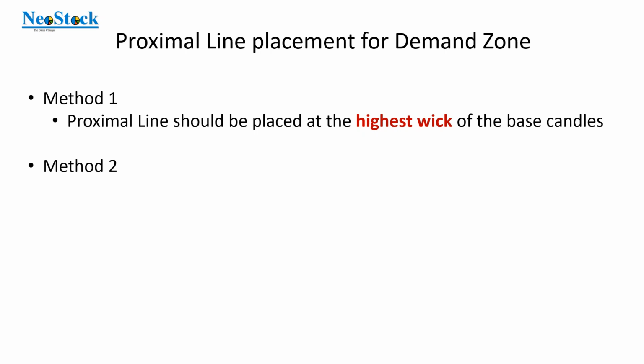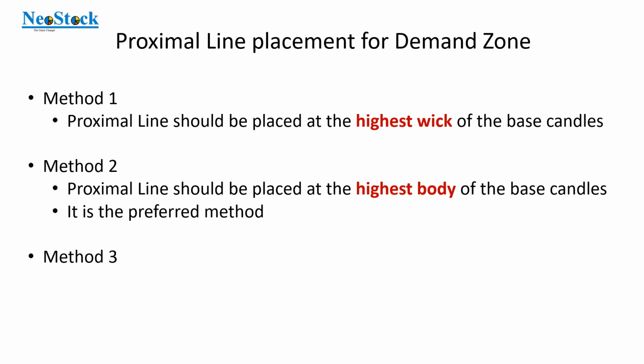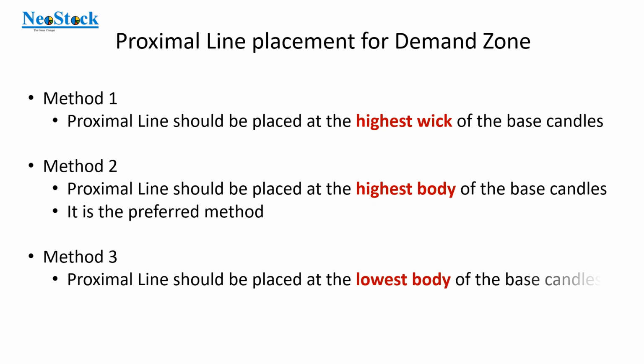And method 2: the proximal line should be placed at the highest body of the base candles. It is the most preferred, or we can say the recommended, method. And method 3 says the proximal line should be placed at the lowest body of the candles. So let us look into these three methods in detail.